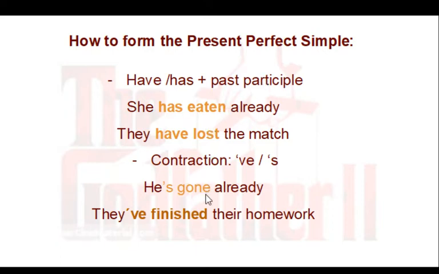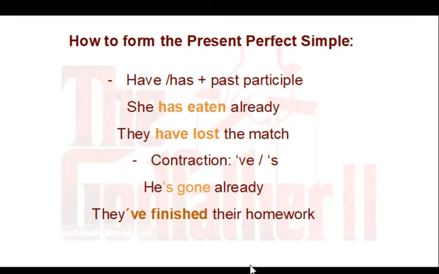All right. For the contractions, for both speaking language and for informal writing, we use 've instead of have, and 's instead of has.